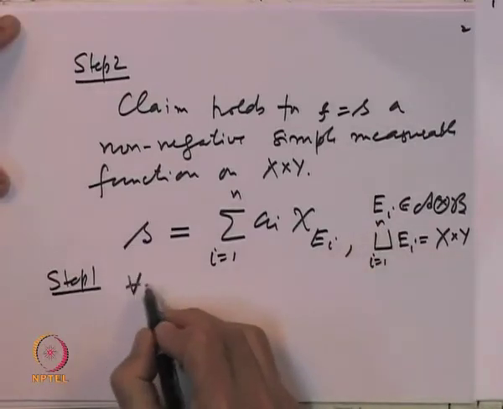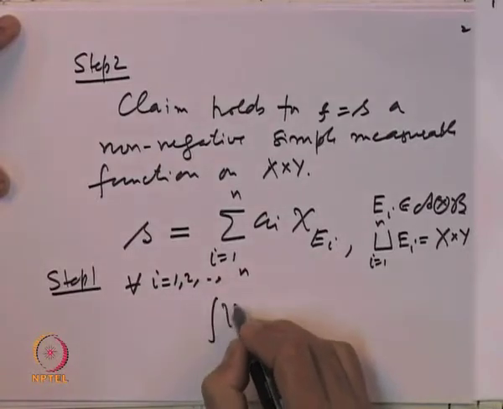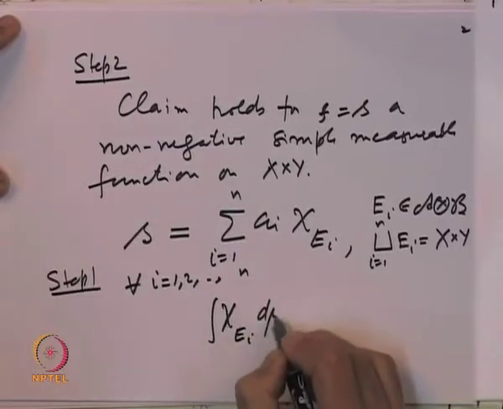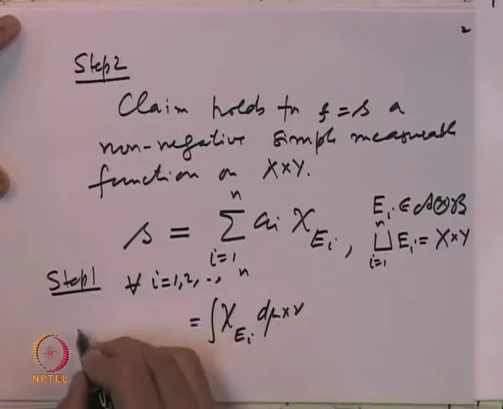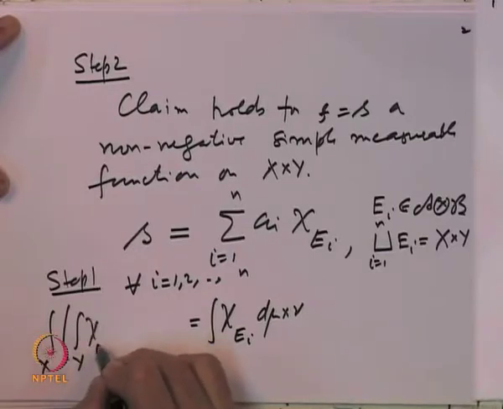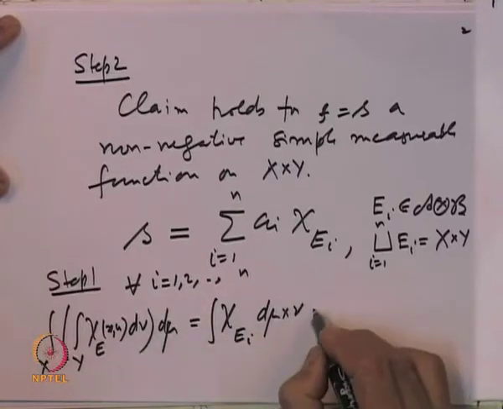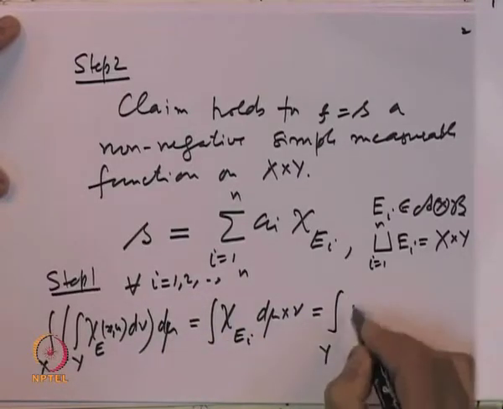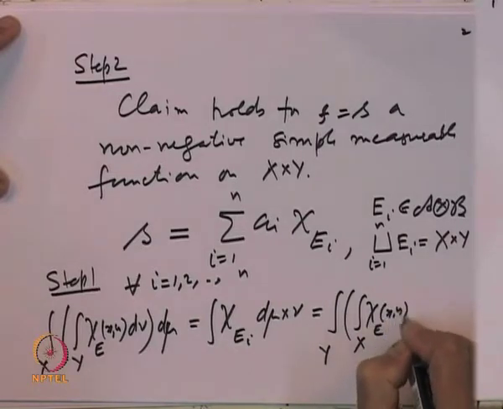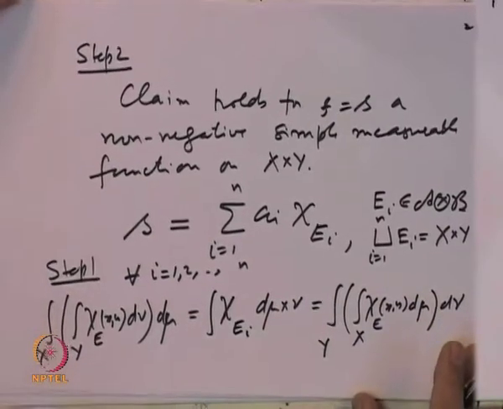So, step 1 says for every i equal to 1, 2 and so on to n, the integral of the indicator function of E_i with respect to d mu cross nu, on one hand is equal to the integral over X, integral over Y of the indicator function E_i(x, y) d nu and d mu, and also equal to the integral over Y, integral over X of the indicator function of E_i d mu and then d nu. So, this is what we know.